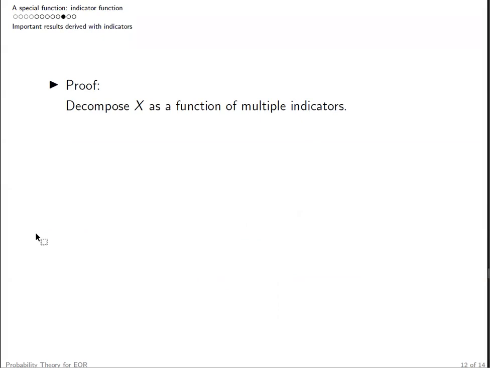Indicator variables can be regarded as functions of random variables, but at the same time, we can also decompose random variables as a summation of multiple indicator random variables. You can pause the video at this moment and try to figure out how exactly we're going to decompose the random variable X.